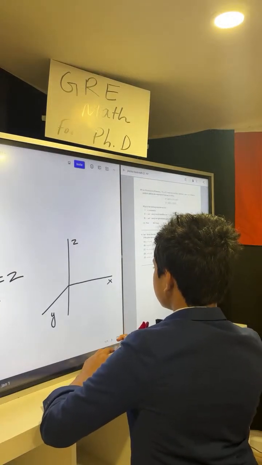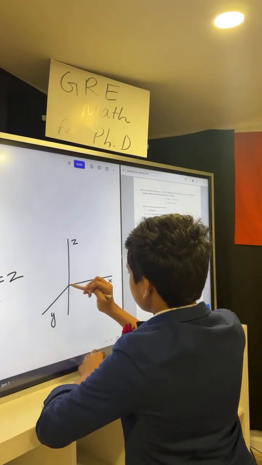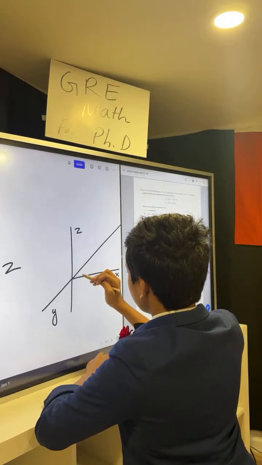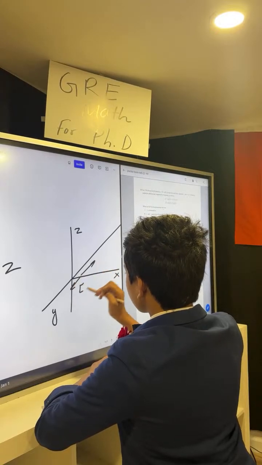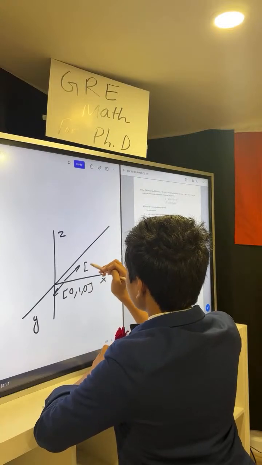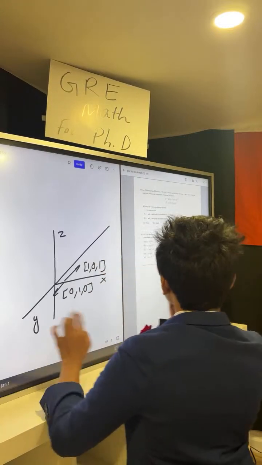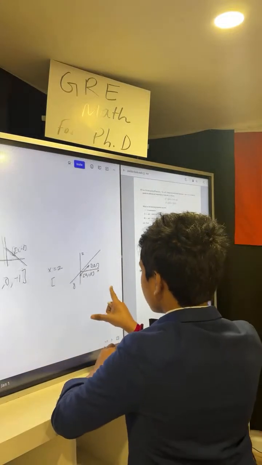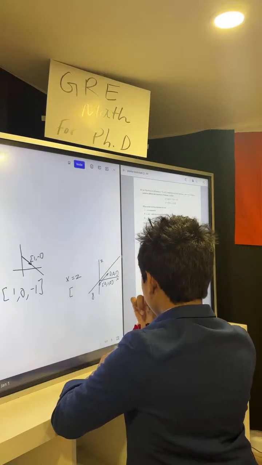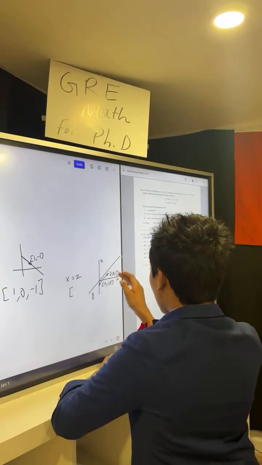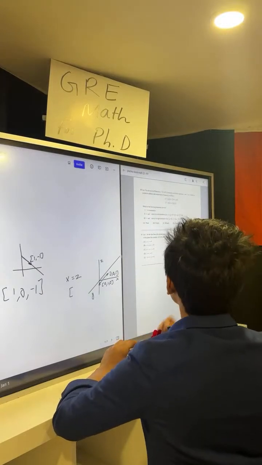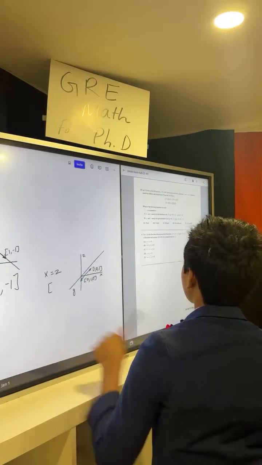X minus z is 0 just gives x is equal to z, which means it's composed of this vector and this unit vector, or in other words 0, 1, 0 and 1, 0, 1. Is that perpendicular? No, neither of those are perpendicular. Well, that one is perpendicular. Okay, so 1, 0, 1 is what we are looking for.